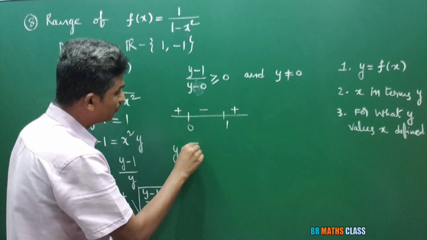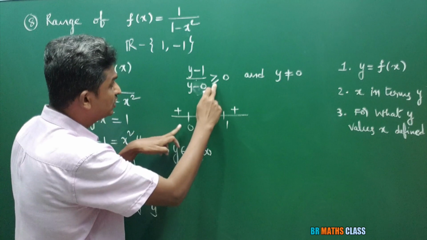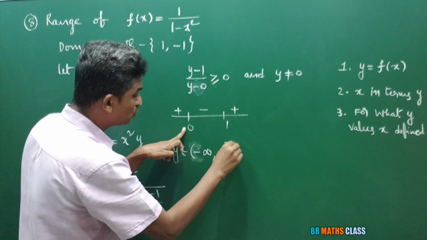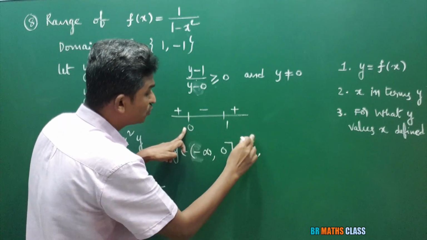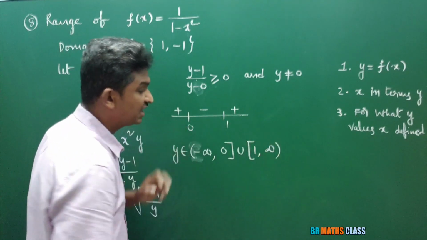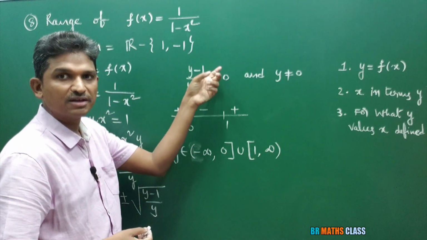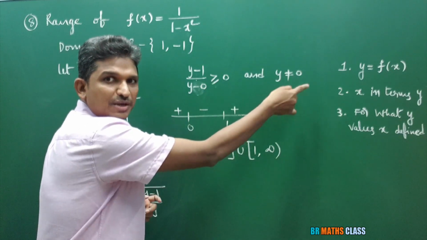So what y values will you get here? y belongs to the positive sign regions: minus infinity to, here equality is there, I'll include that, closed 0, union, closed interval 1 to open interval infinity. So these are the y values satisfying this part. Now I need the combination of these two. Here y cannot be equal to 0.